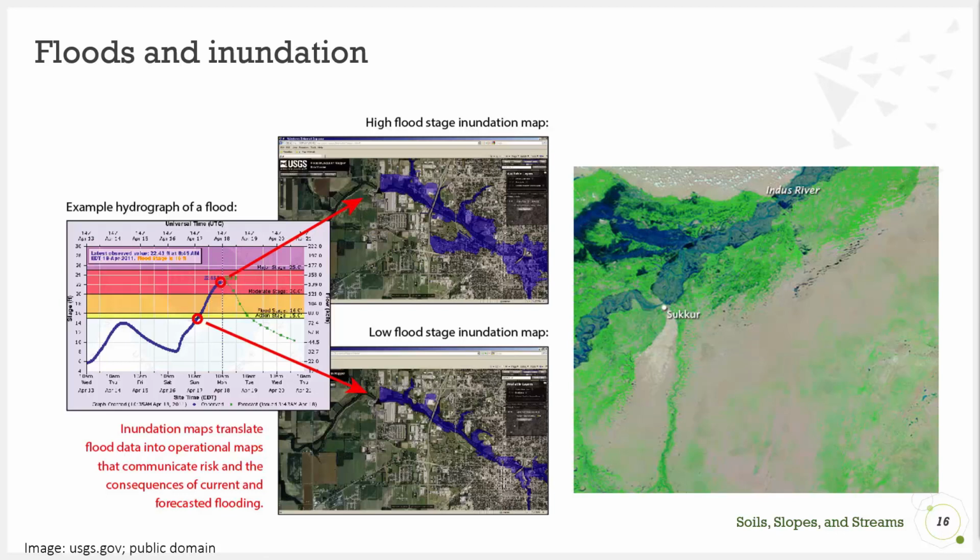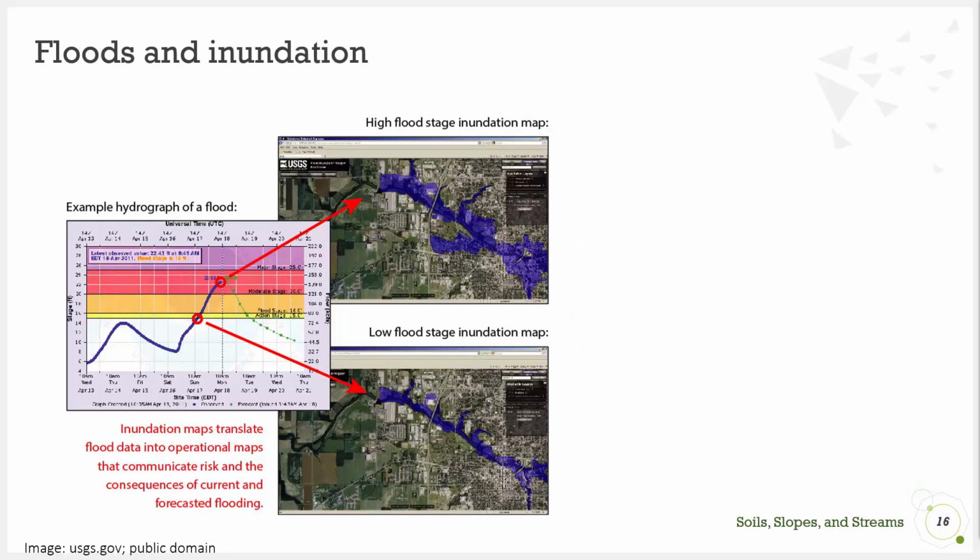Scientists use stream monitoring in real time along with surveys of channels to understand the behavior of a river system as it floods and inundates. Here we see an example hydrograph and inundation map from the USGS. The blue swaths in these maps, they're not real photos of river width and extent.